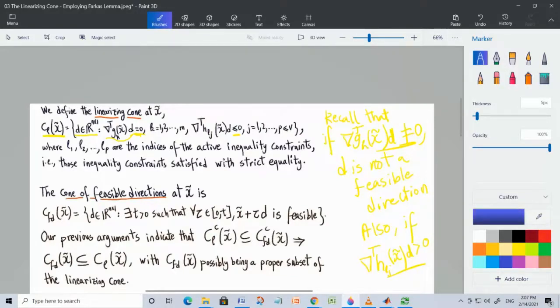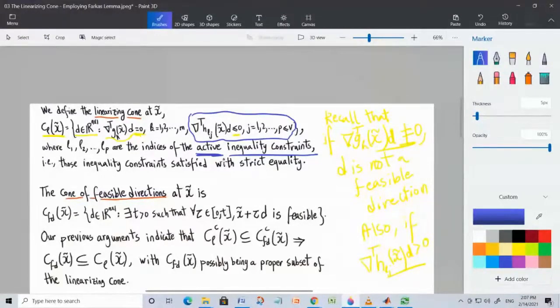And one important point is that when we talk about the inequality constraints, we focus only on the active inequality constraints, because according to our previous argument, if the inequality constraint is inactive, which means that it is satisfied with a strict inequality, then it's as if you are in the interior of the feasible set, and moving in any direction, so long as your step is small enough, will lead to a new point that is also in the feasible set.